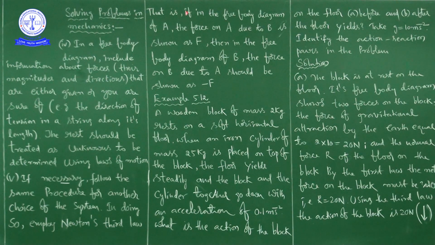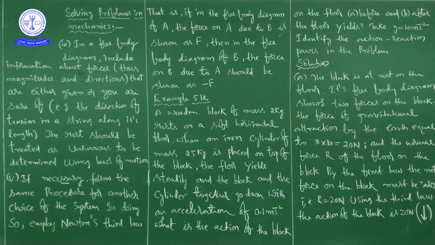Next, if in the free body diagram of A, the force on A due to B is shown as F, then in the free body diagram of B, the force on B due to A should be minus F. It is Newton's third law: action is equal to minus reaction.